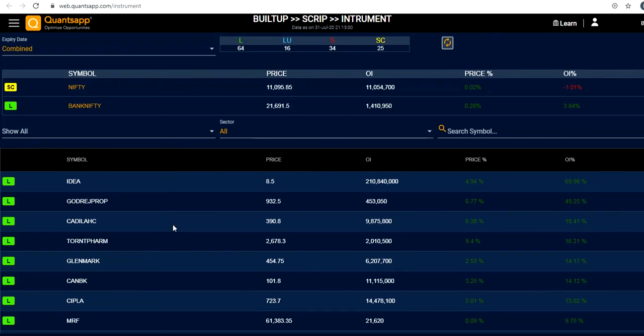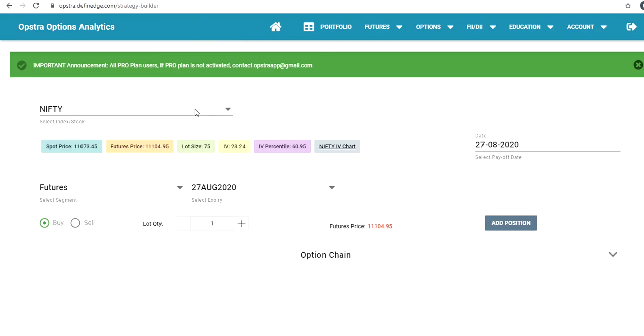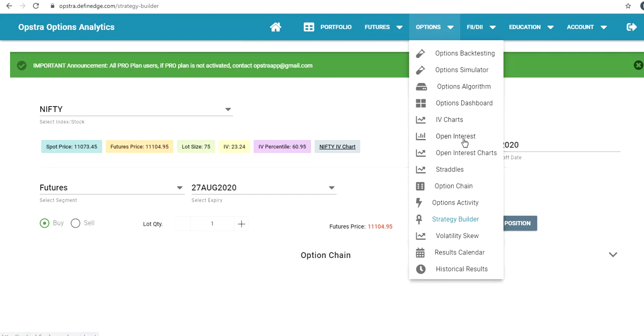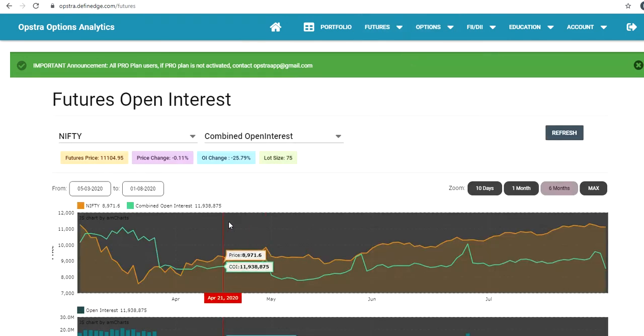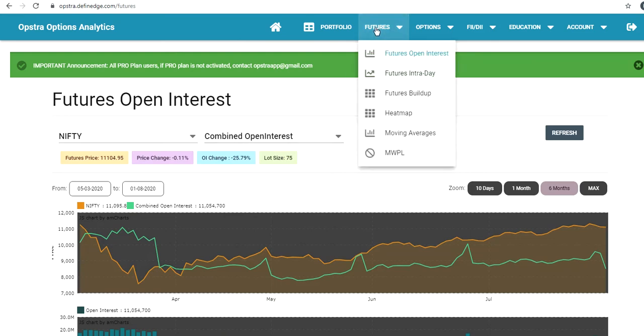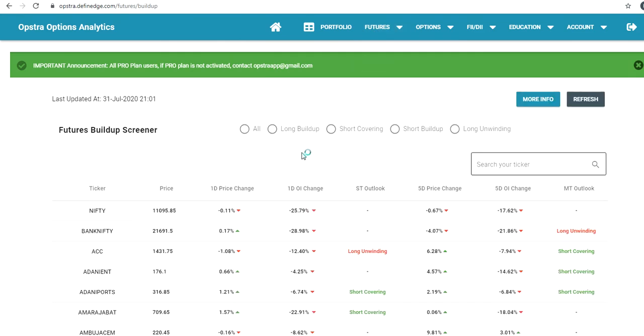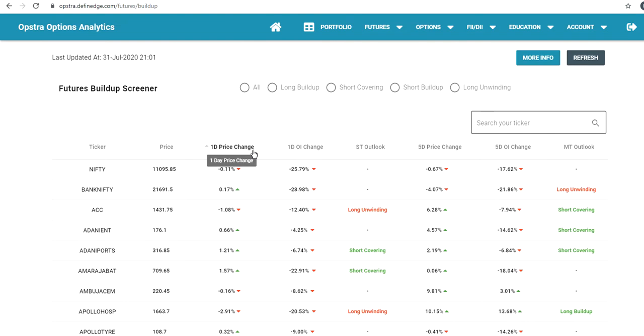This gives a build up of futures, open interest and price, and I think Opstra also has futures open interest. There is a segment called future build up. You can see terms like long unwinding, short covering. So what are these?